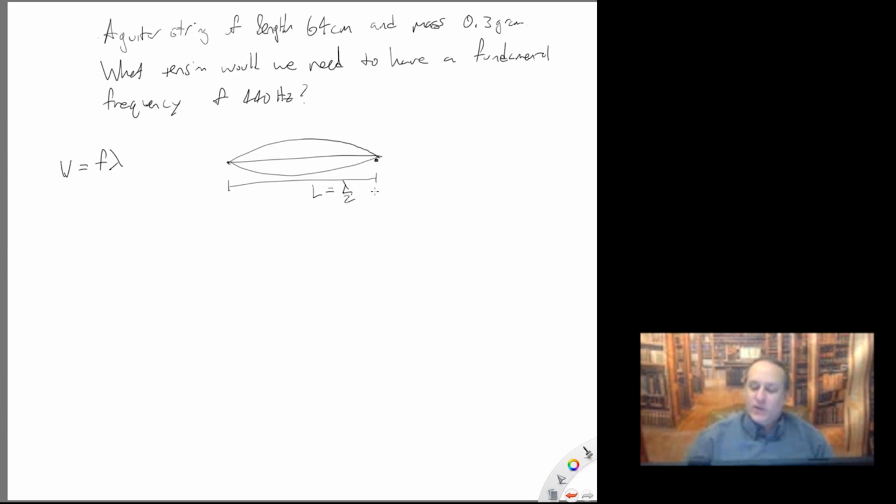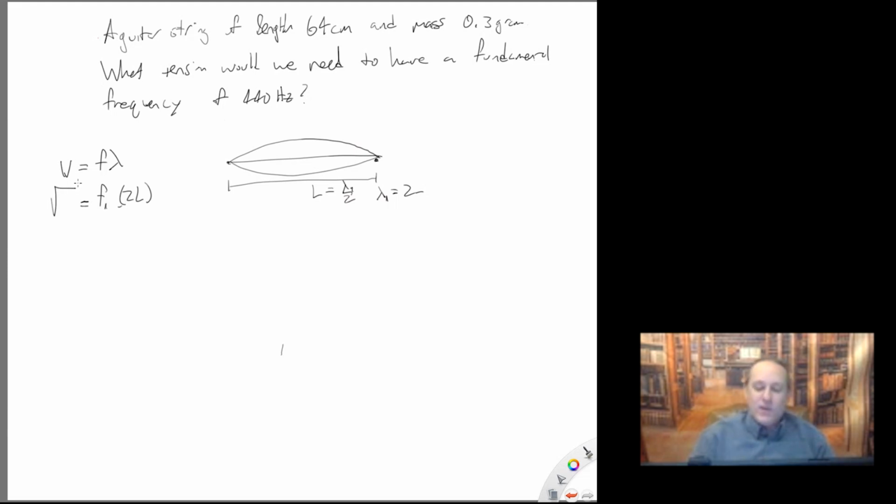So in other words, the wavelength is 2 times the length. So our fundamental frequency times the wavelength is equal to the velocity of the waves.